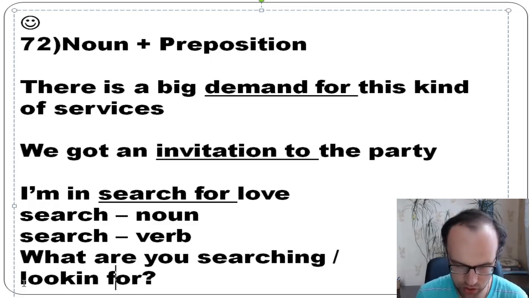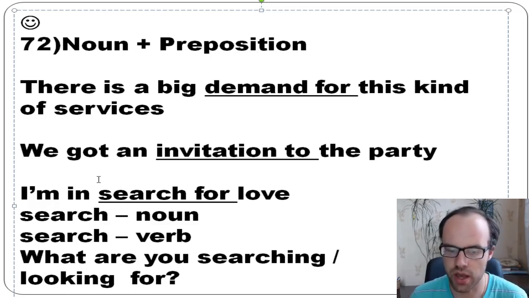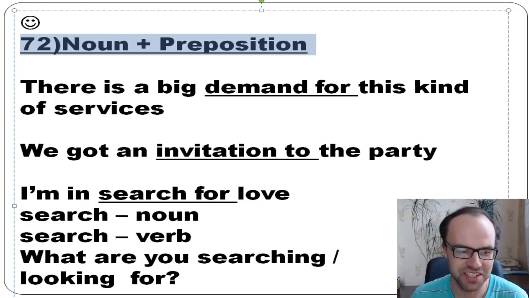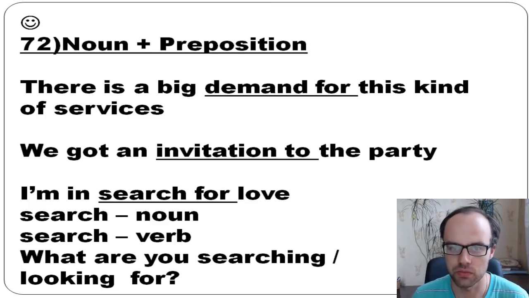Or what are you looking for? So it can be a noun and a verb. Very good. And I hope that maybe you use some interesting grammar structures and words too. Good.